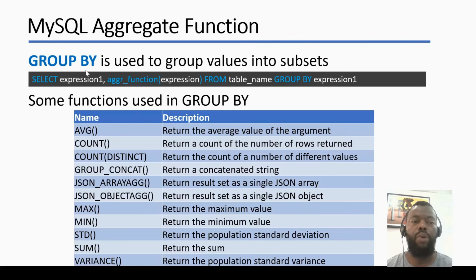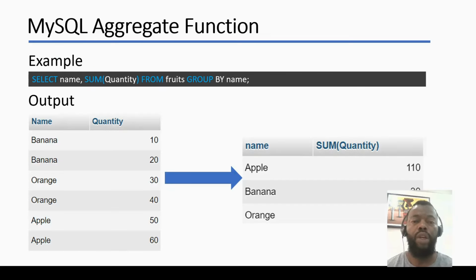We use the GROUP BY statement to aggregate the data. So the GROUP BY statement groups values into subsets. We have here this function and also some important functions. So we have here an example where we select name and we sum the quantity, but we group this quantity by name.